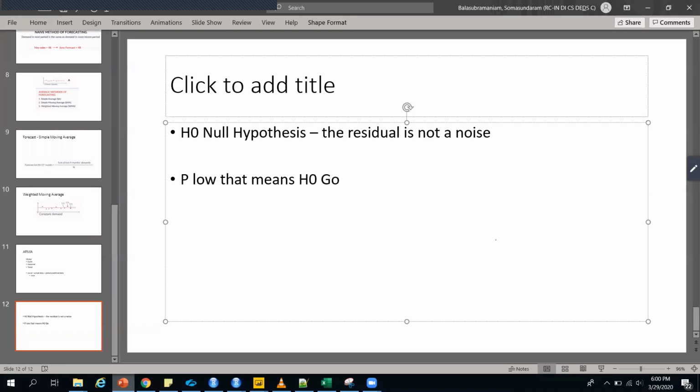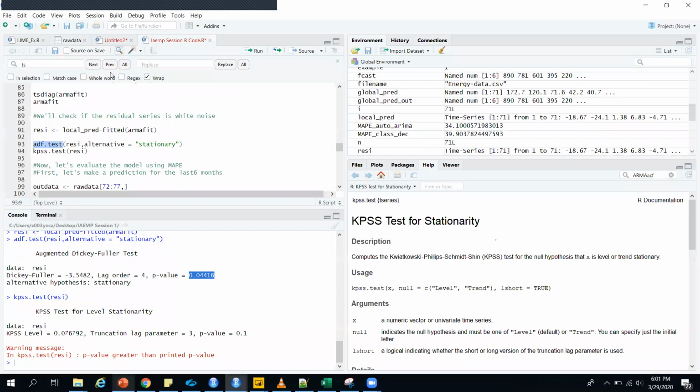So in this test, if the p-value is low, the test cannot prove that whatever residual I have is not noise. The alternate hypothesis holds good, and no one has challenged it, so I feel the residual is noise. That is for the ADF test.